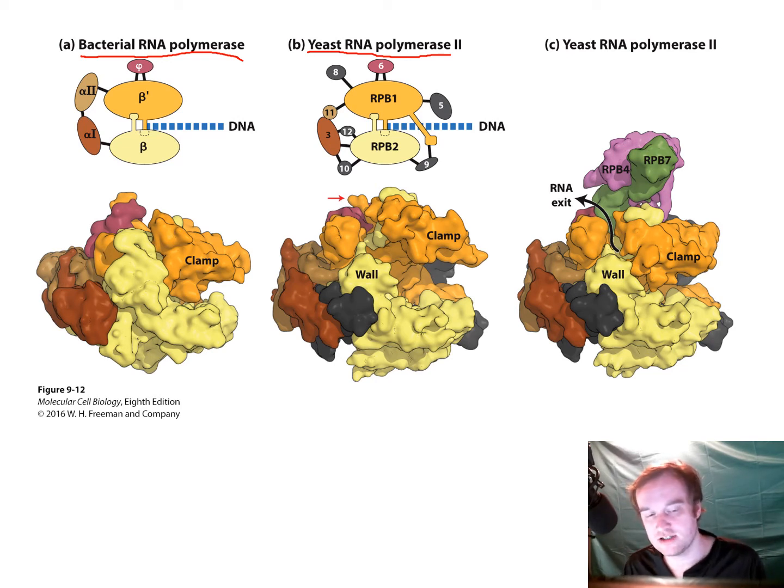Polymerases are a very highly conserved protein complex throughout all of life, for that matter. As we get, quote, higher up the evolutionary ladder, there becomes more complexity to the yeast RNA polymerase compared to that bacterial RNA polymerase. However, the overall structure is greatly conserved.